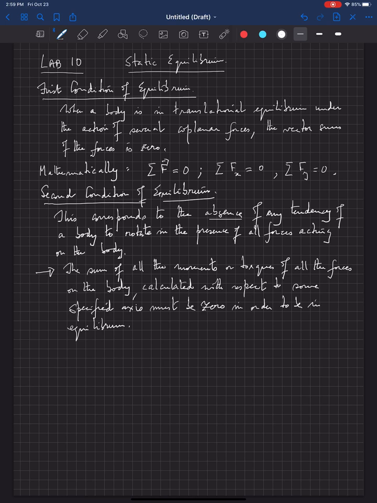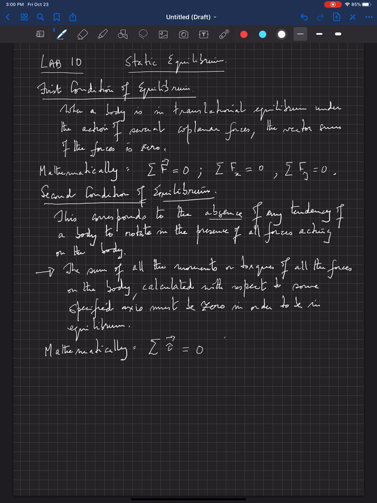All right? And mathematically, designating a torque by tau, the statement is that the sum of all the torques equals zero.